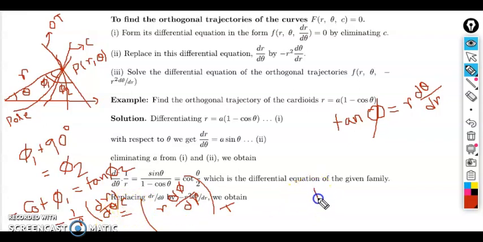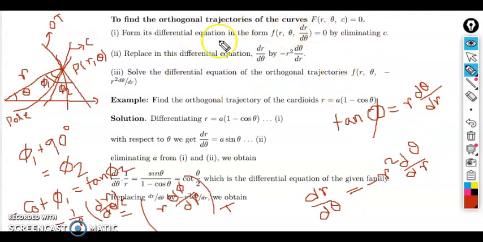And if you want to find the differential equation of the orthogonal trajectory, in that case dr by d theta becomes equal to minus r square d theta by dr.